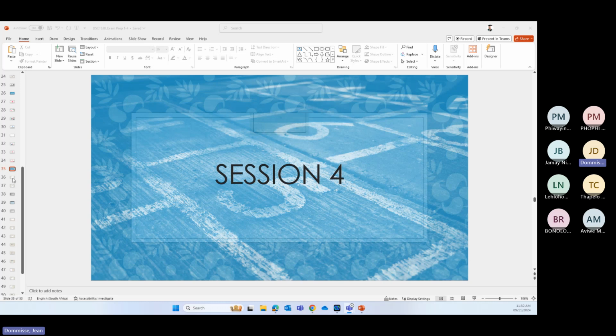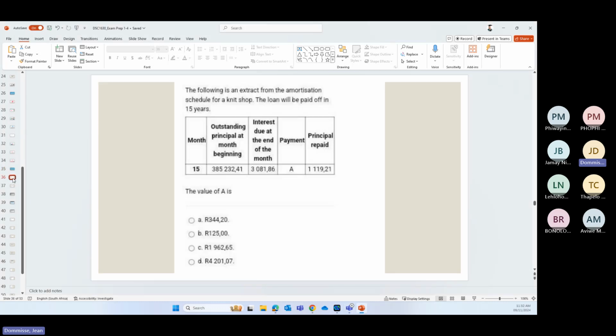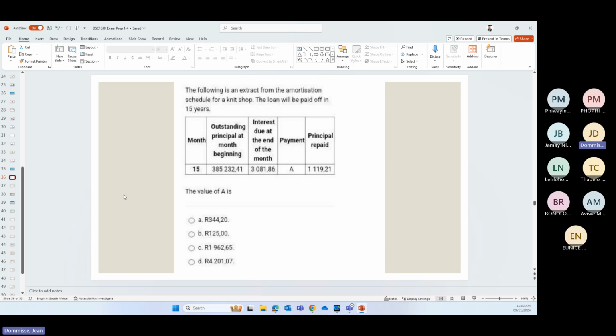Okay, so let's go into a few questions. And again, random questions. We start off with amortization. We will get into some of the questions of net present values.